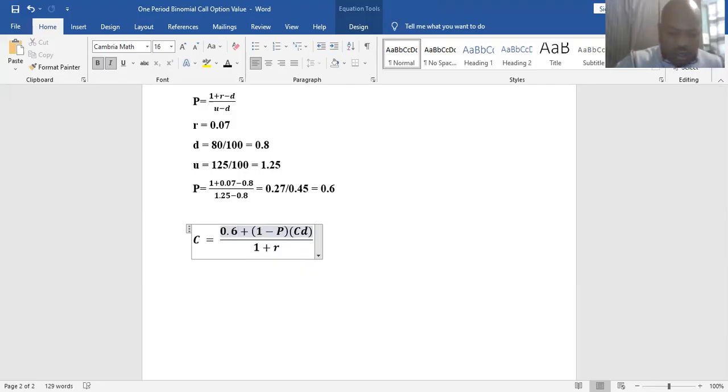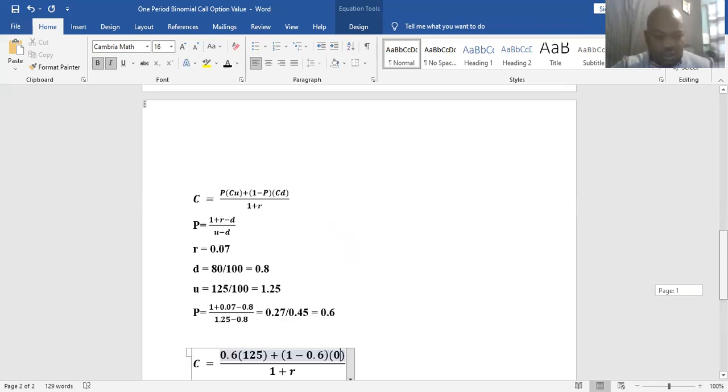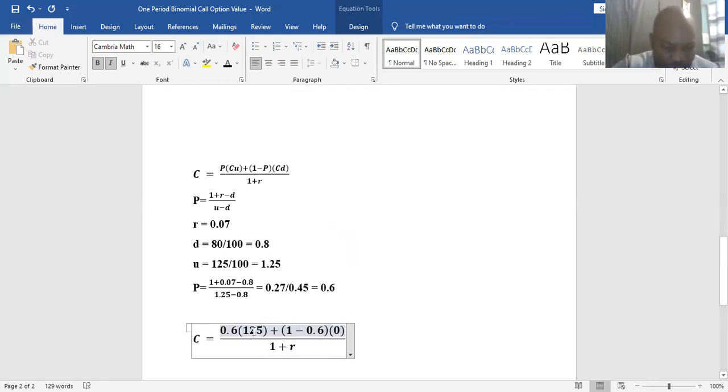So I'll say multiply by 125 here, close the brackets, and then 1 minus P, 1 minus 0.6 multiplied by the possible price when it goes down, which is 0. You remember it was a 0, because no, sorry, here the possible price is not 125, it's 25.